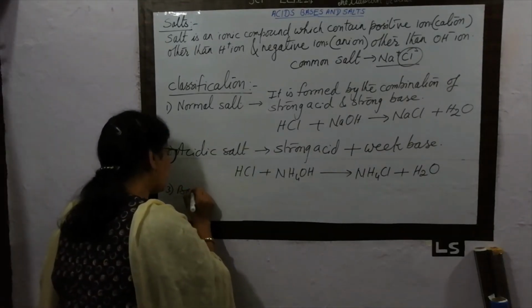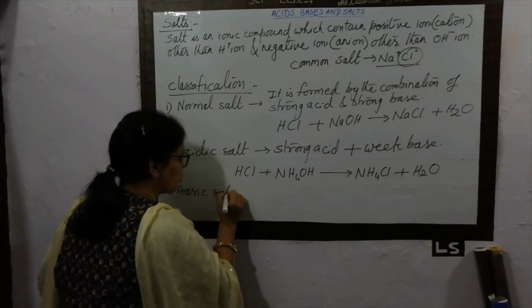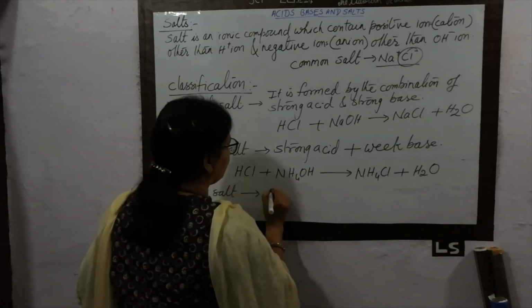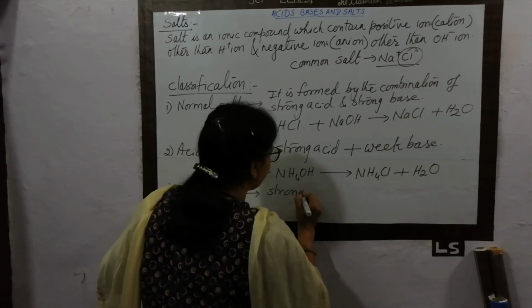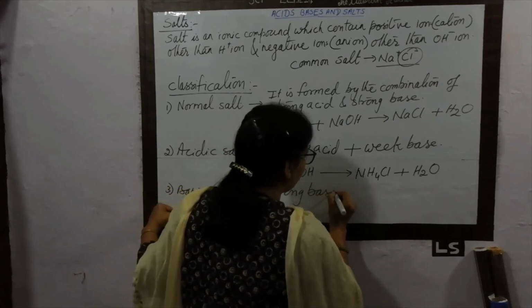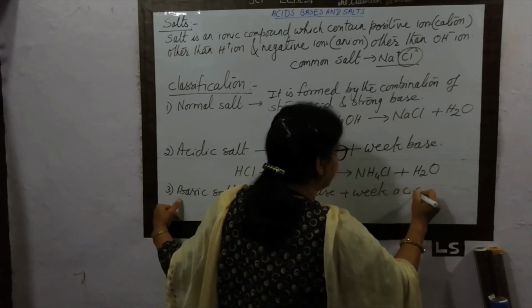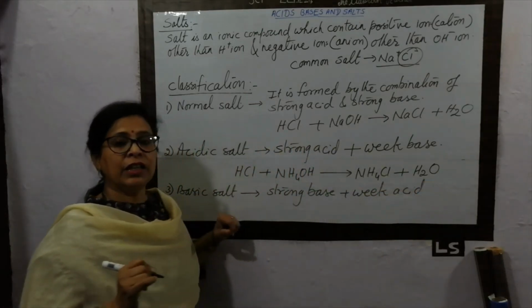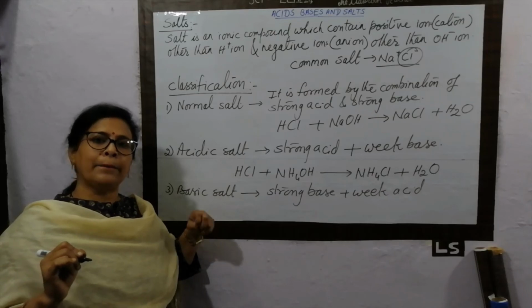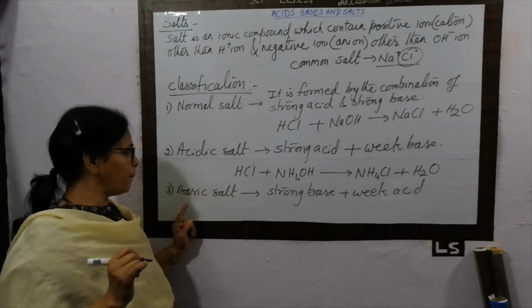One is called the basic salt. Basic salt is formed by the combination of a strong base with a weak acid. When these two combine together, the salt which is formed is called the basic salt.